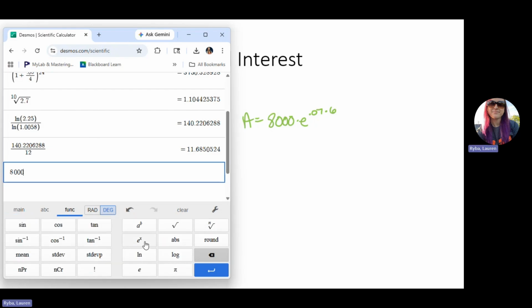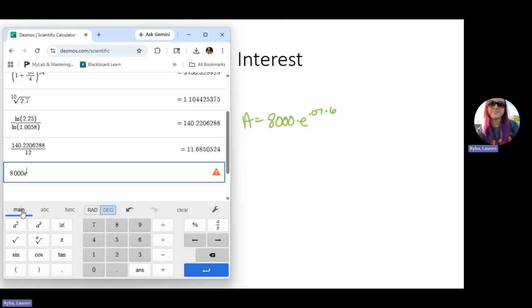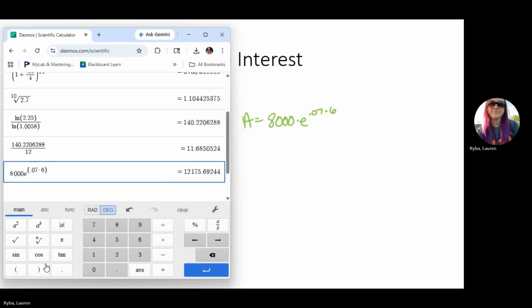So you can then see under the function, it's this guy, e to the x. So e to the, and then I always put it in parentheses because I have to make sure I keep both pieces in the power, 0.07 times 6. If I don't do that, it's going to put the 0.07 up top and then may put the times 6 down bottom, and then that's not going to give me the same answer. All right, so I will have $12,175.69.